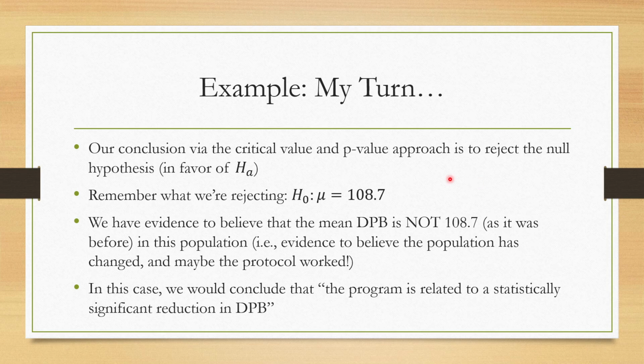So our goal is not to make a conclusion about the sample of 14 individuals that we looked at earlier. Our goal is to make a conclusion about the population that sample represents, and to determine if the evidence presented by that sample is enough to convince me that the population diastolic blood pressure has changed. And again, depending on how the program was set up, then we would say that the program is either associated with or caused that change in diastolic blood pressure.